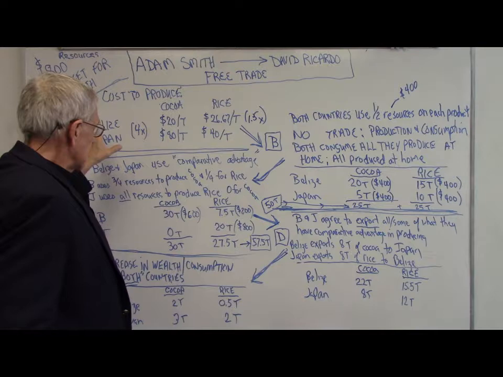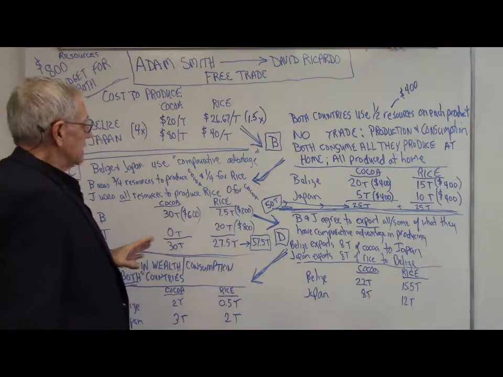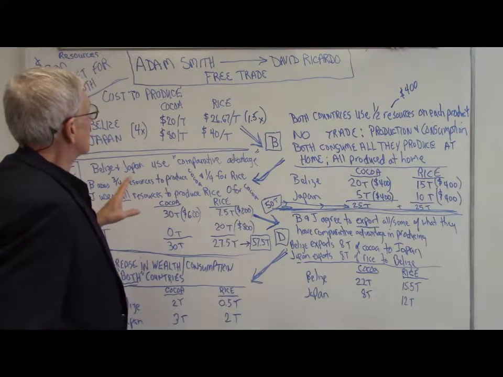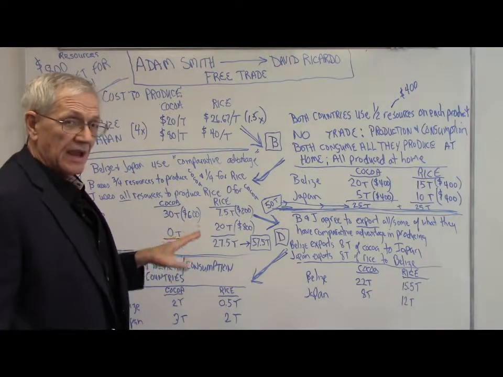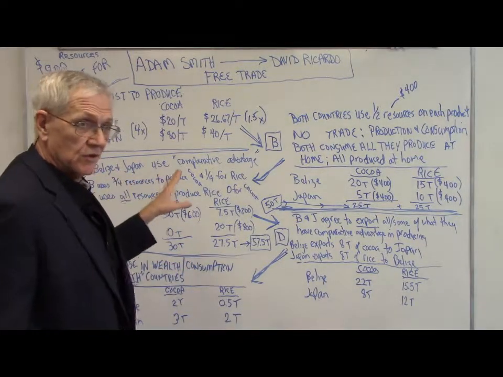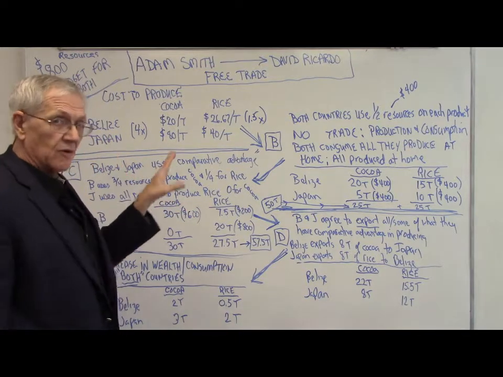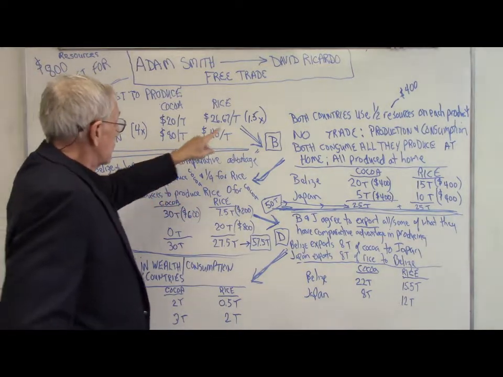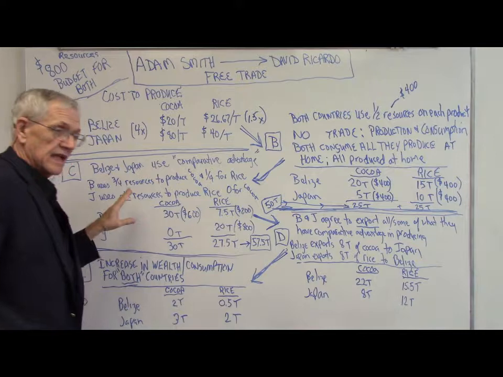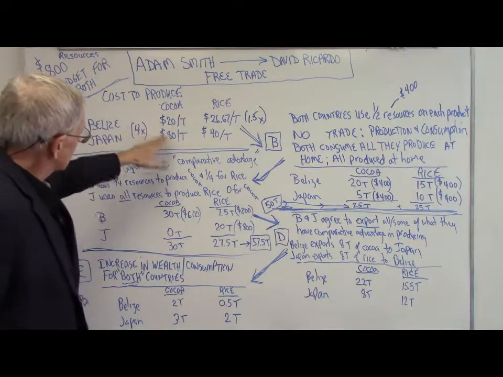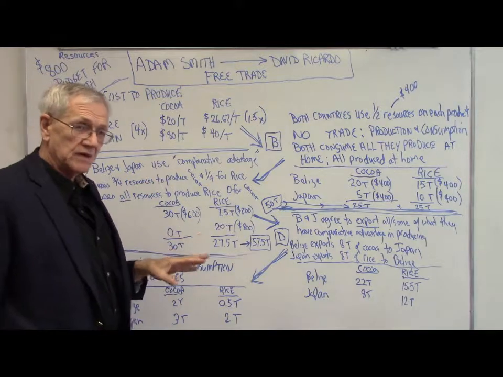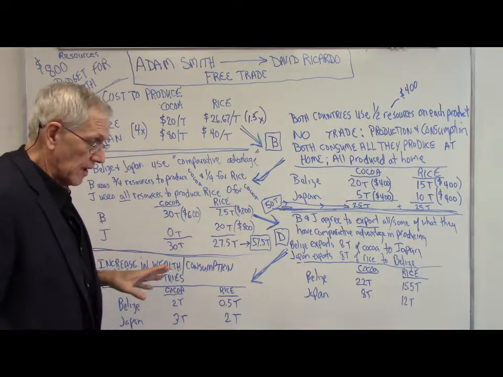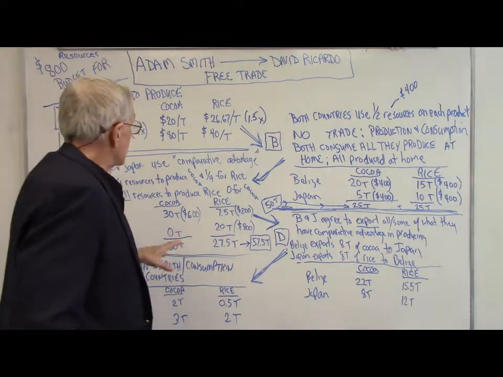So Belize has an absolute advantage in producing both products. Japan can't compete with Belize at all in terms of cost structure to produce either item. But this is where David Ricardo goes beyond Adam Smith.